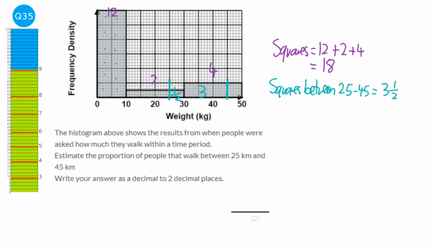Okay, so we've got 3.5 in total, out of a possible 18. So we just need to do 3.5 divided by 18 to work out the proportion, and that gives us 0.194 blah blah blah. It wants 2 decimal places, so that would be 0.19.